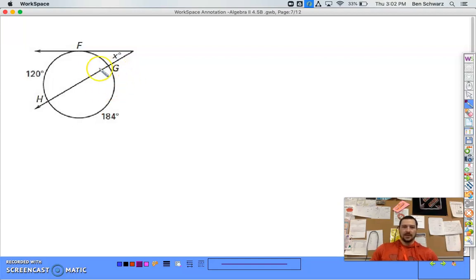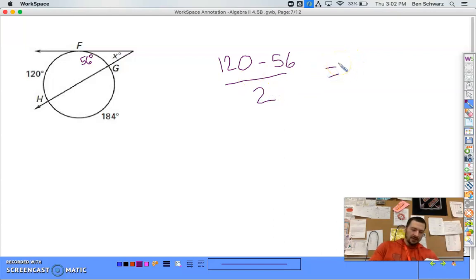That gets us a measure of 56 degrees. Then it's a matter of doing 120 minus 56 over 2. Using my calculator just to make sure I don't make any mistakes, we get 64, and 64 divided by 2 is 32 for that one.